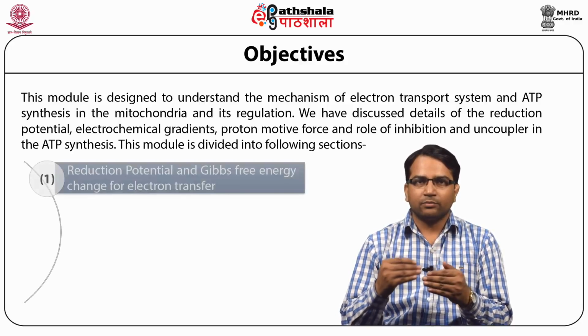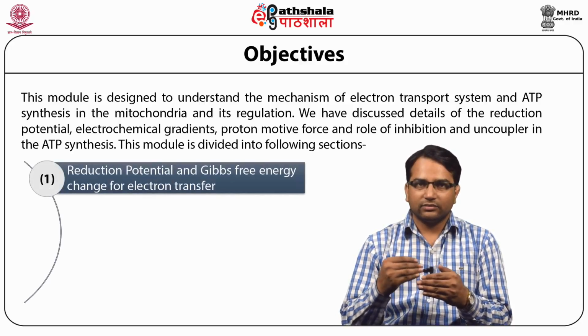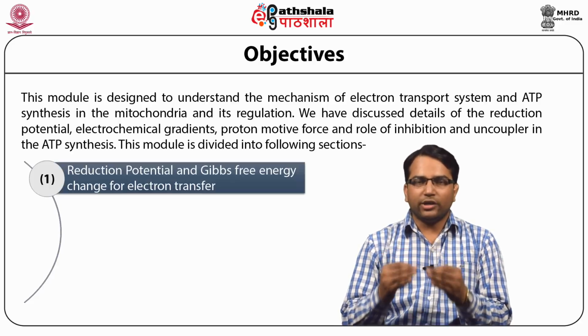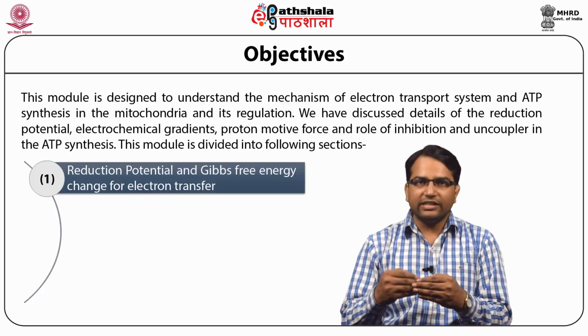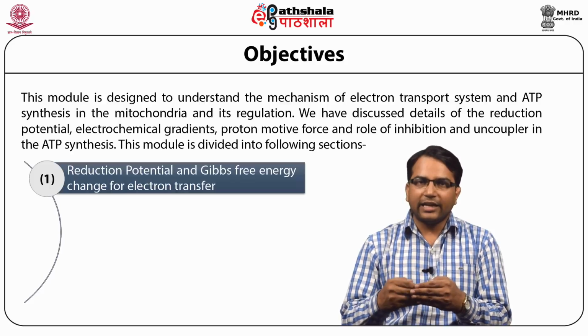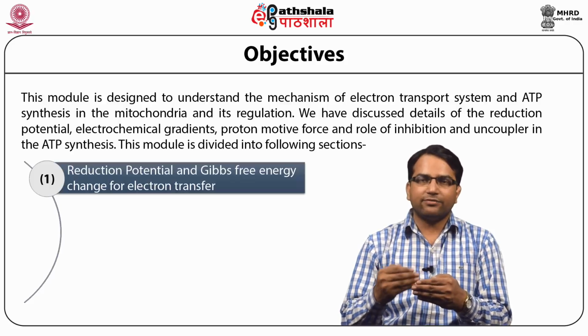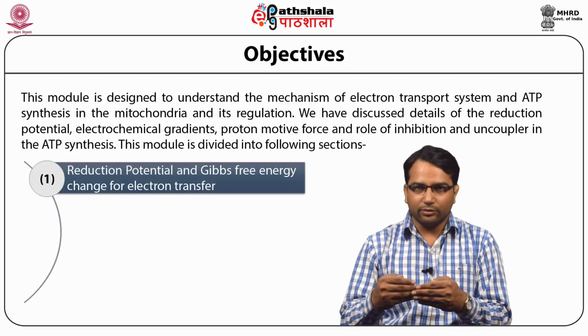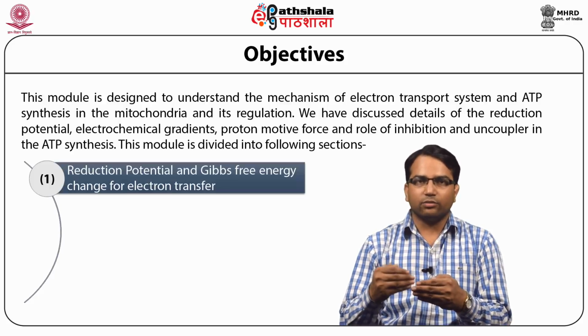The first one is reduction potential and Gibbs free energy changes for the electron transport. This is important because when we are studying the mechanism of electron transport, we should know how the reduction potential and Gibbs free energy change play a role in the electron transport system.